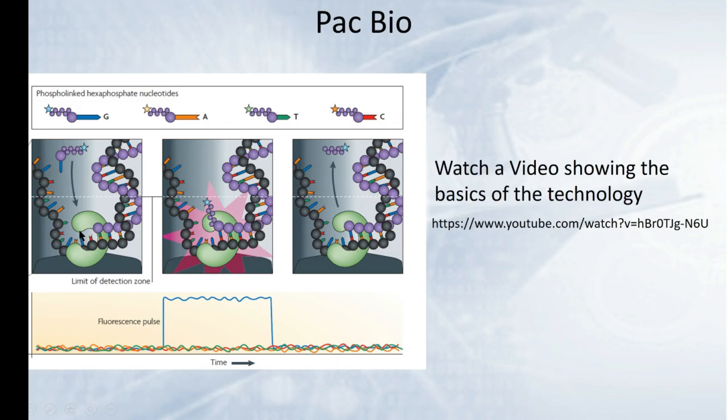So again, it's synthesizing DNA and keeping track of what nucleotides are being added to the growing DNA strand. Except unlike with the Illumina sequencing, this does this in real time. And so every time a nucleotide is added, and the nucleotide has a specific fluorophore attached to it, it registers the color of that new nucleotide that's added.